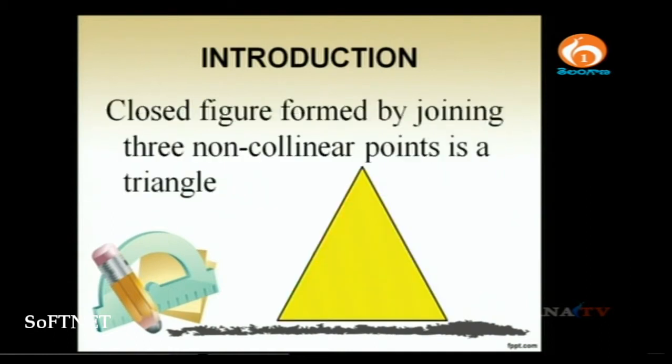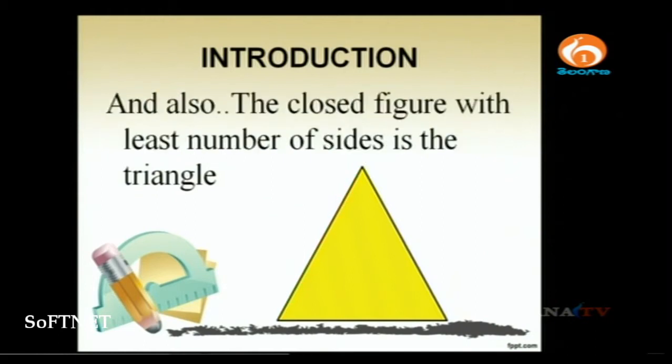Triangle is one of the closed figures formed by joining 3 non-collinear points, and also the closed figure with the least number of sides is the triangle. That means, among polygons, the one with the least number of sides is the triangle.